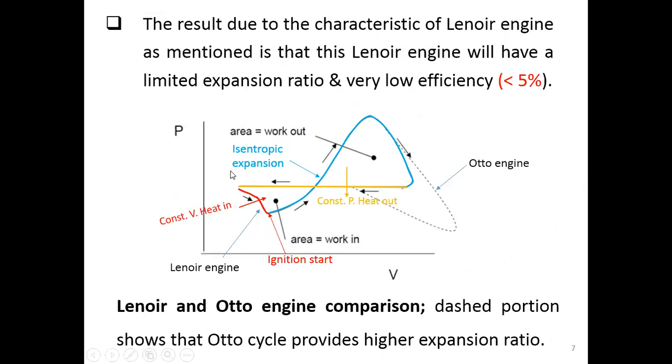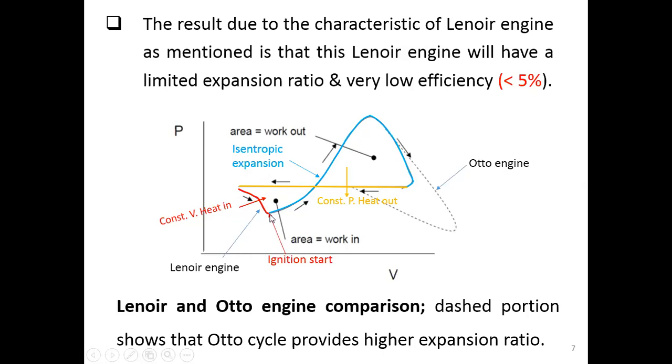But if you want to compare with the theoretical one, the constant volume heat transfer happens right here, in a short period of time and a small change of volume. And then ignition happens right here.